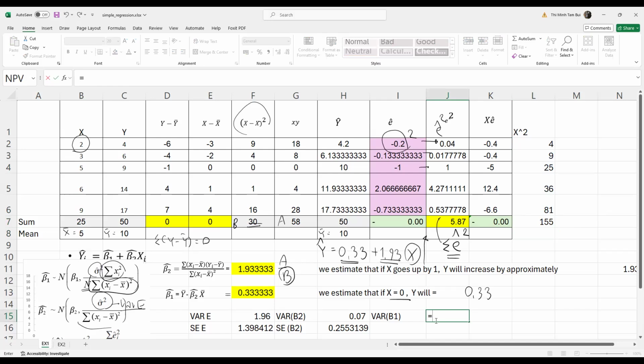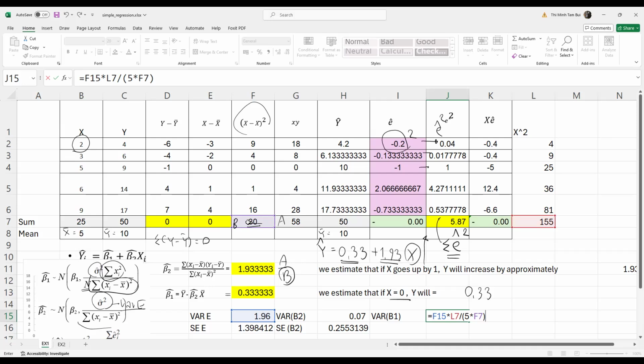So variance error multiplied by this one, over bracket, and it's 5, right? 5 multiplied by sigma x minus x bar square.